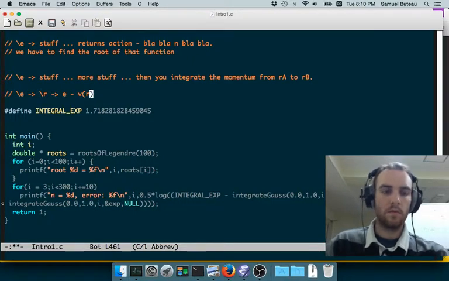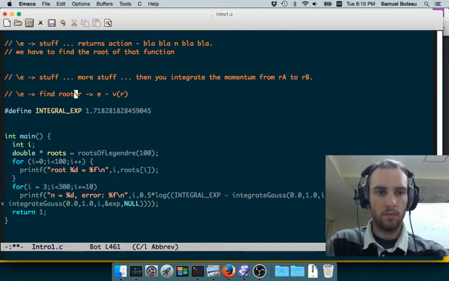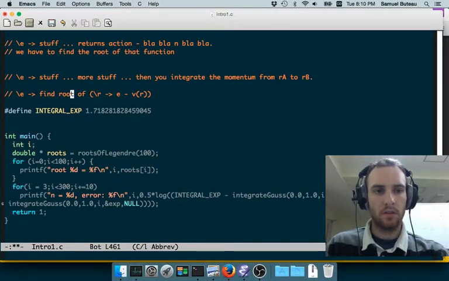So find the roots of this function. Actually there are two.